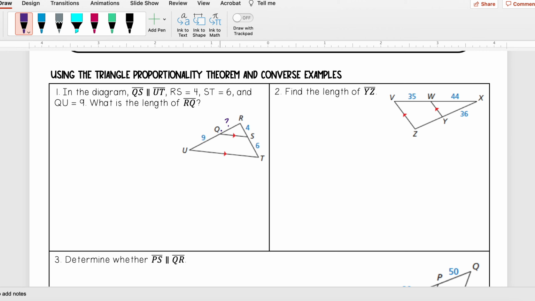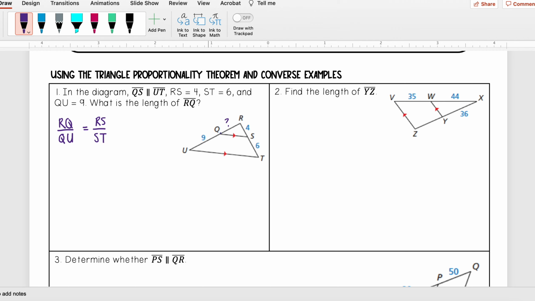That fraction is going to be RQ over QU. And that's going to be equal to, here be careful which one you put on top. I want to put the one that matches with RQ on top, so that's going to be RS over ST.